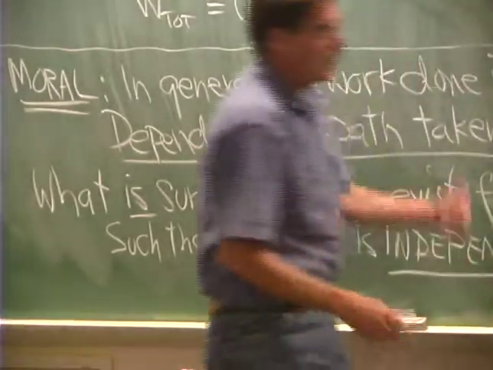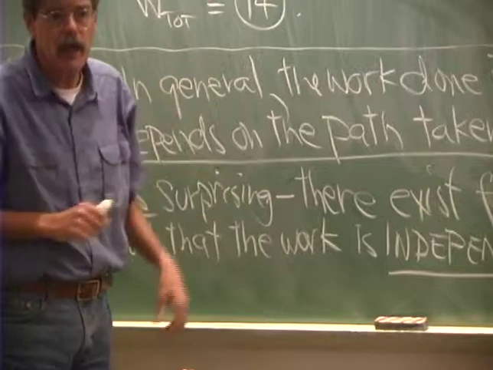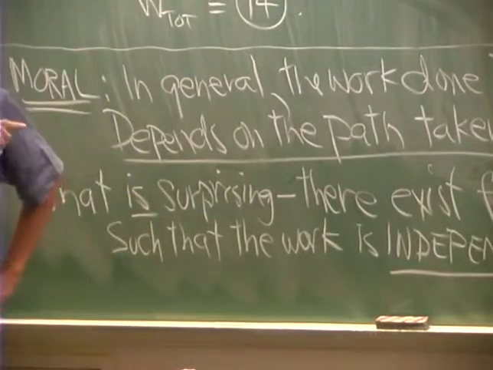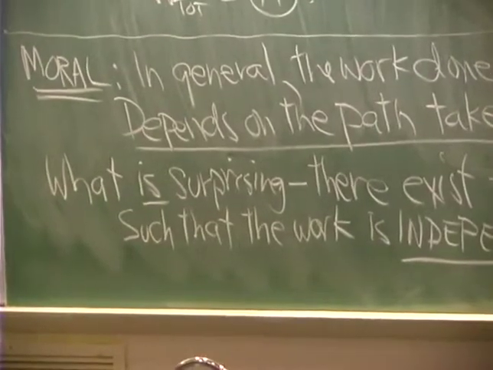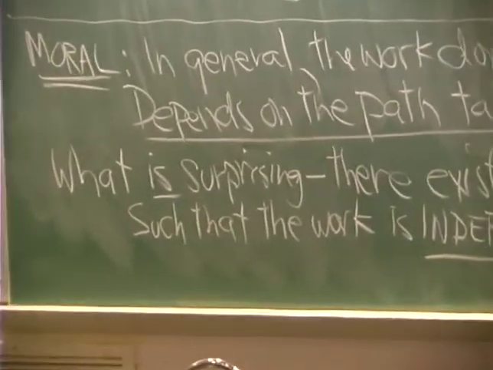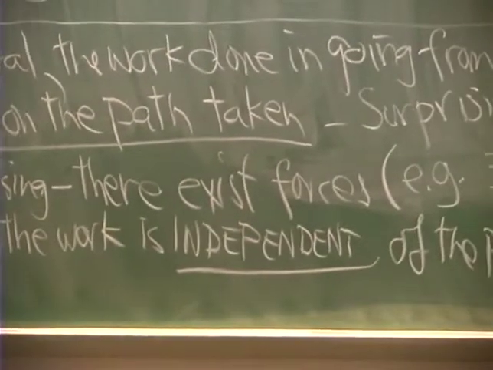It is, of course, going to depend on the endpoints in general, but it doesn't depend on how you went from A to B. Have you got the criterion? So, we call forces of that type conservative forces.